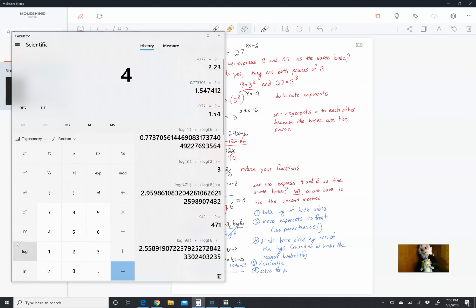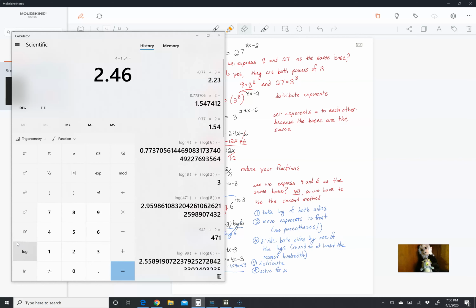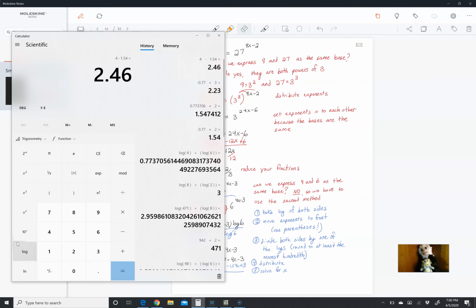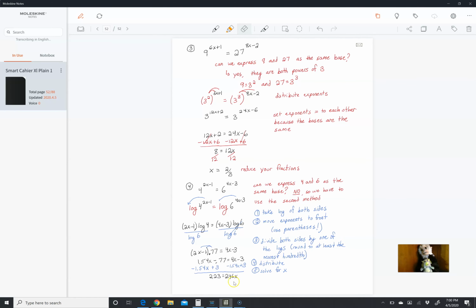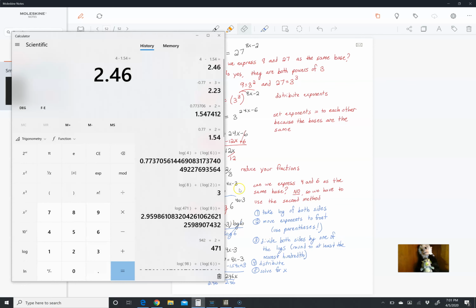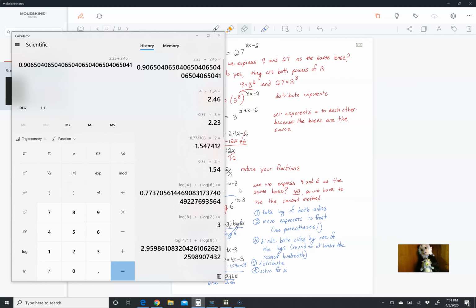And then 4 minus 1.54 is 2.46x. So here we can divide both sides by 2.46 to get x by itself. So 2.23 divided by 2.46. And we get x equals 0.91.